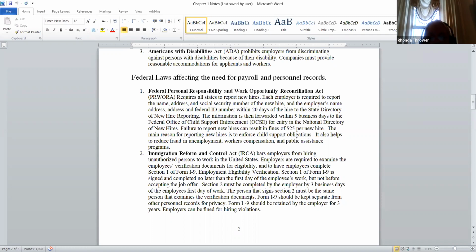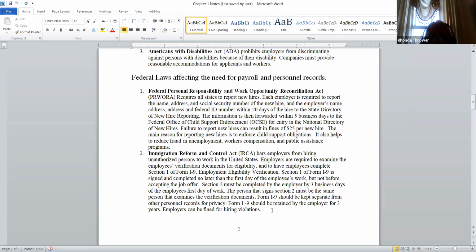The person also that signs Section 2 as the employer must be the same person that examines the verification documents that the persons have the right to work in the United States. Form I-9 is a document that all payroll or personnel have to keep a record of, but it should be kept separate from other personnel records for privacy.